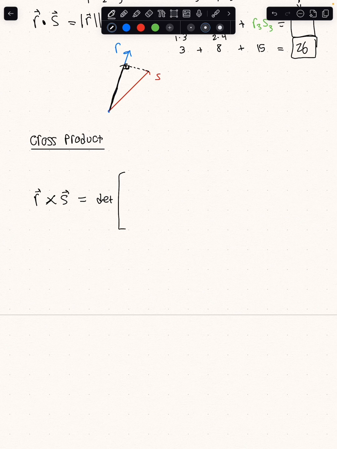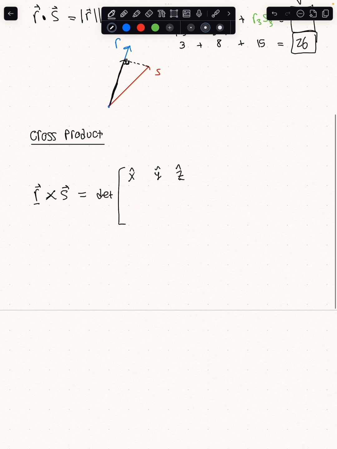And so you'd have some amount in the x hat direction, some amount in the y hat, and some amount in the z hat direction. And the first vector goes in the middle.